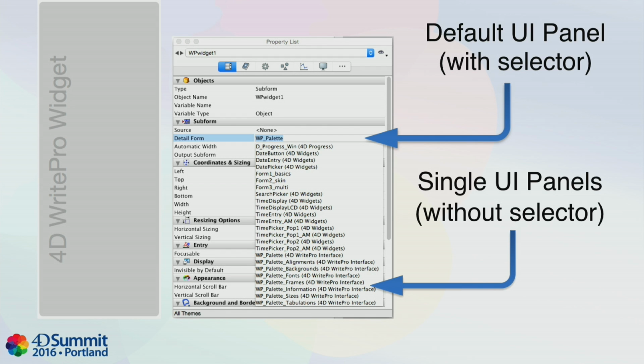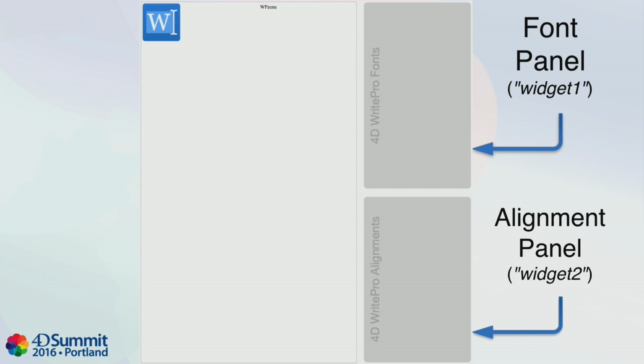For instance, I can see WP palette backgrounds, WP palette fonts, palette frames, etc. These are the sub palettes that were selected using the UI selectors on the top. So you can take them up and use them directly.